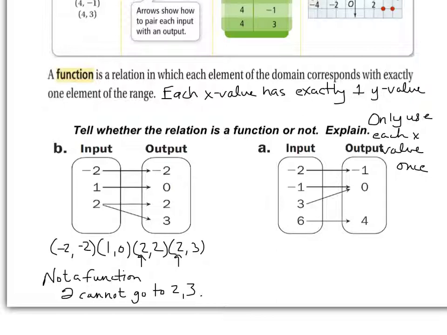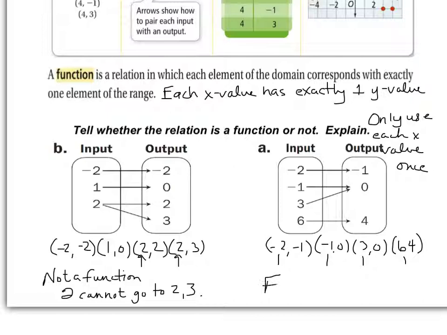Now, let's take a look over here at letter A. We have -2 goes to -1, -1 goes to 0, 3 goes to 0, and 6 goes to 4. And if you were to list these out as ordered pairs, -2, -1, -1, 0, we've got 3, 0, and 6, 4. Now, if you look at your X values here, you look at all these X values, are there any X values that repeat? No, there's not. There's none of these are used more than once.